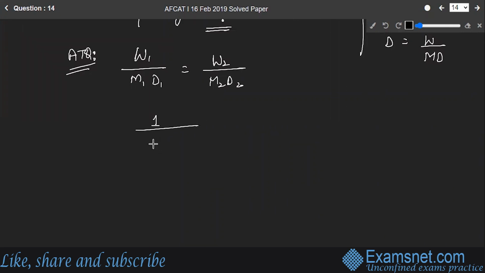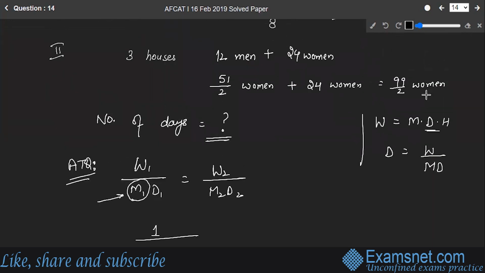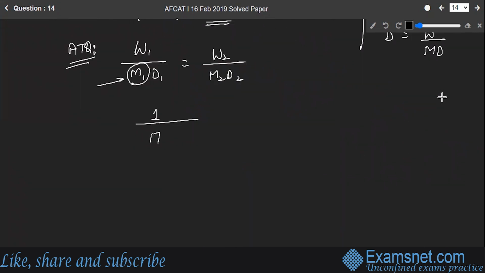Number of men it required were 17. I will be taking women, right? So don't confuse the wordings men. This is the number of people required. Since we are considering the whole thing, we have converted into the women thing. So I'll be taking the women here. So 17 women, number of days they took was 33.